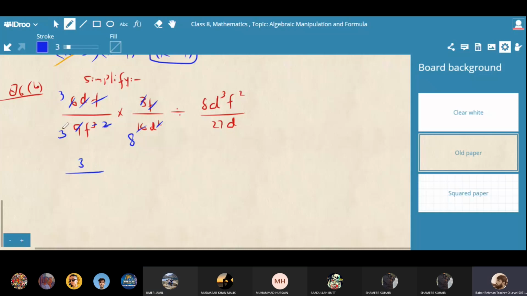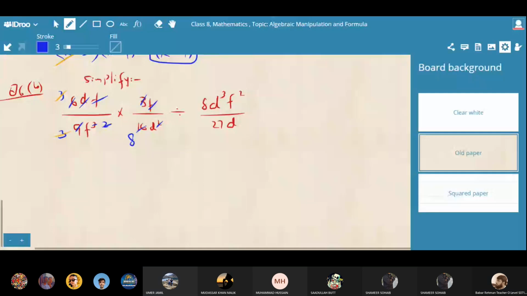Okay, can I cancel this 3 as well? Because 2 3 is 6, 2 8 is 16. So can I cancel this 3 as well? Student, what is left now? Excuse me, I want your contribution.